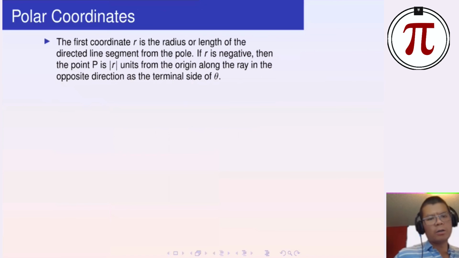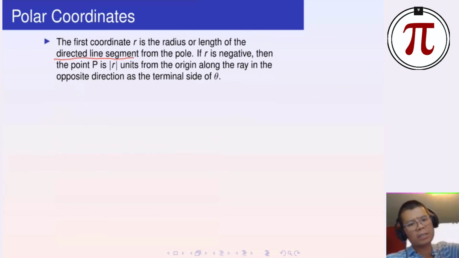Now, the first coordinate r is the radius, or the length of the directed line segment from the pole. Since it's directed, it can be negative.